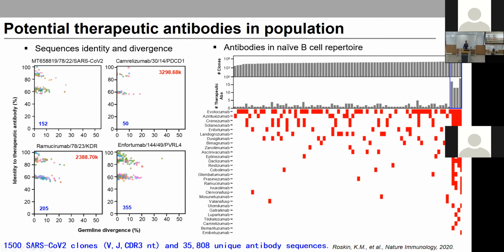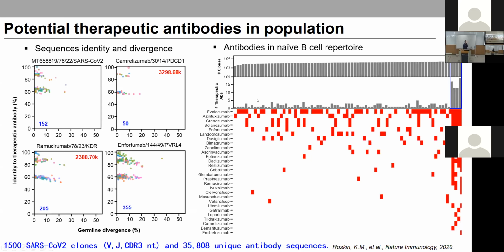They come from different VDJ recombinations, but they share exactly the same CDR3, and probably they all bind to their antigens. This indicates that for all these therapeutic antibodies or virus neutralizing antibodies, it's possible to elicit them via vaccination.